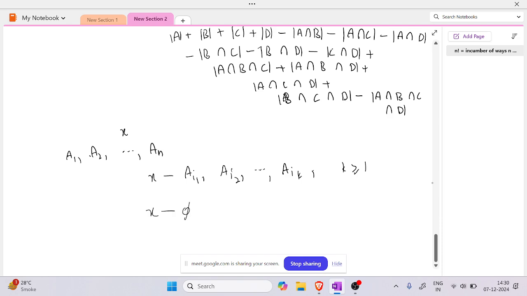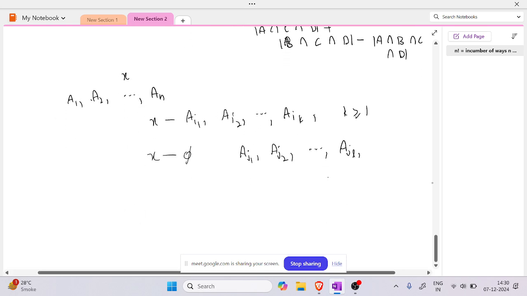But let's say we pick some non-null set out of these, so let's say Aj1, Aj2, up to Ajl, where all of the j's, for example, okay, I'll take some example where let's say we have the 5 element version.